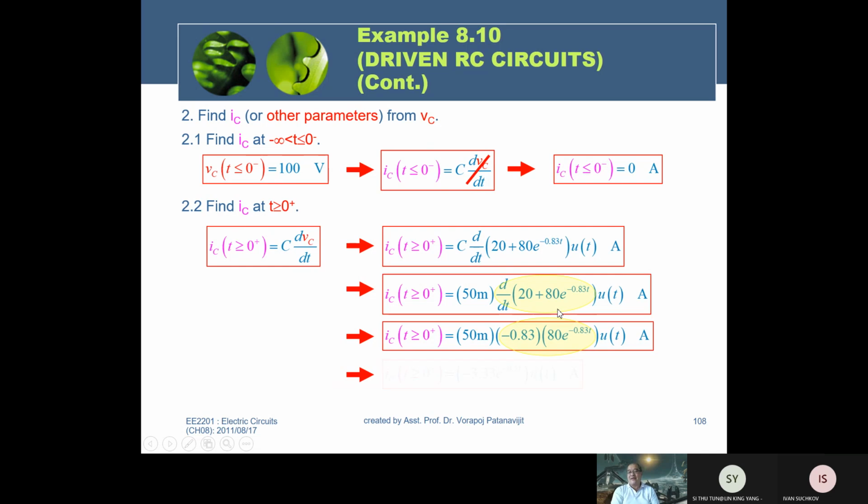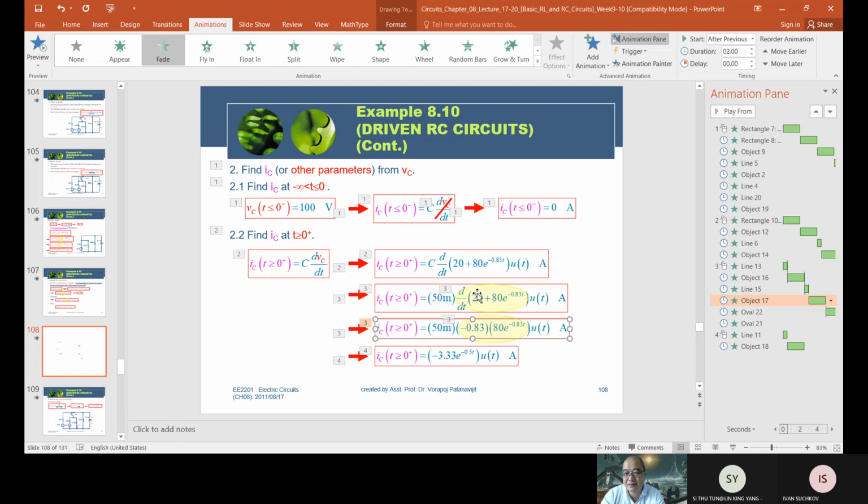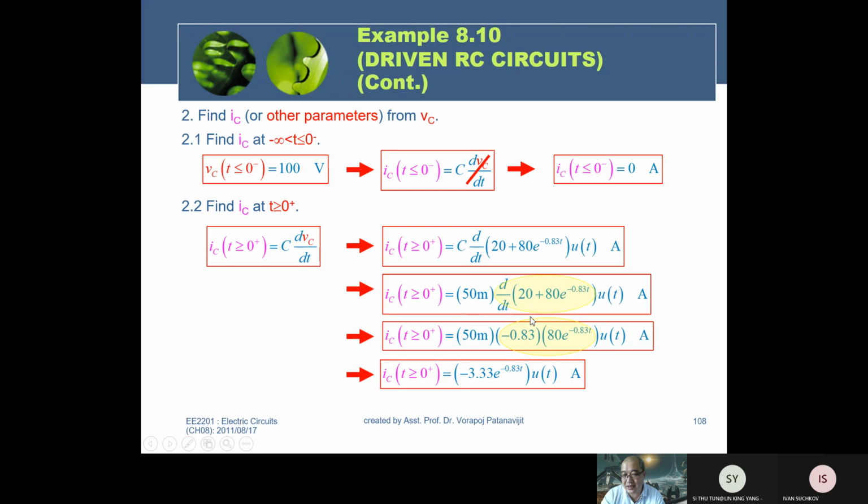After that, you can reorganize the equation and get IC equal to minus 3.3 e power minus 0.8 t. Okay, 0.83.